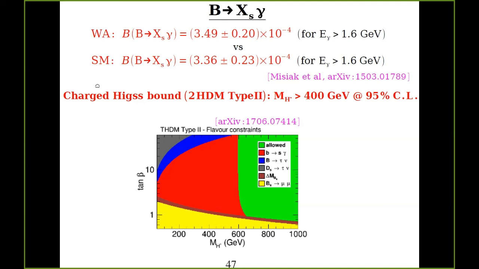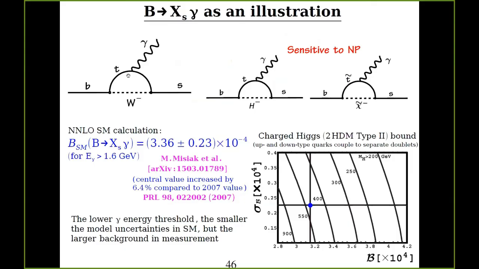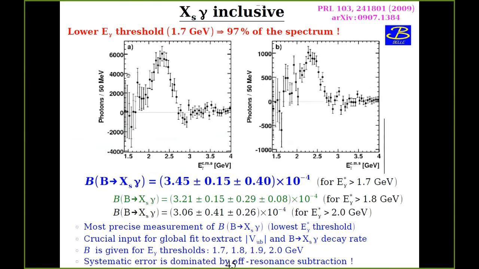Karim, in the previous slide where you showed the one more, please. Sorry. Yeah. So if you look at E gamma star greater than 1.7 GeV versus 2 GeV, statistics probably is lower for more than 2 GeV.